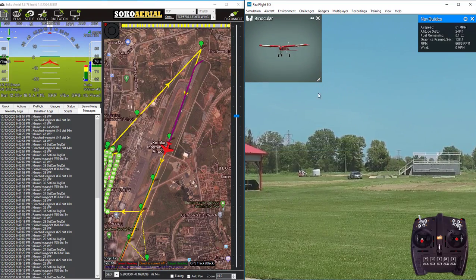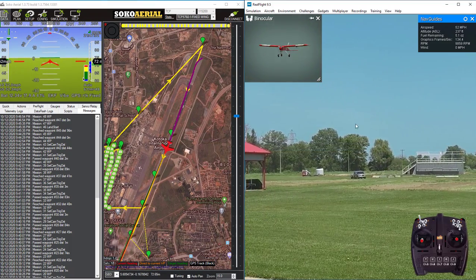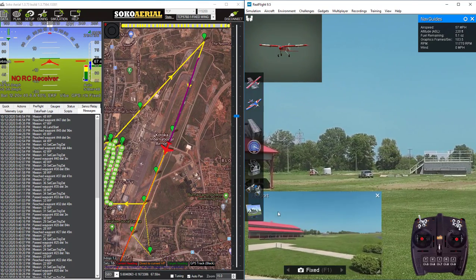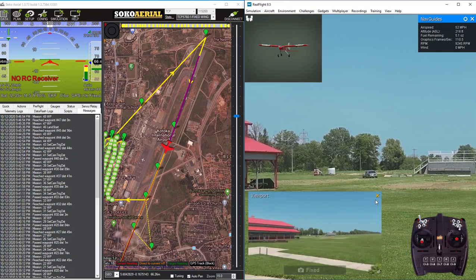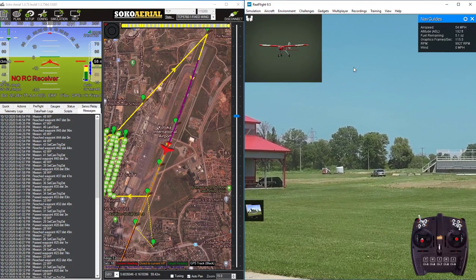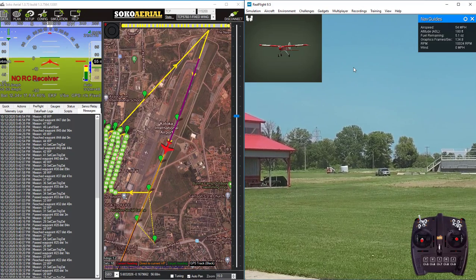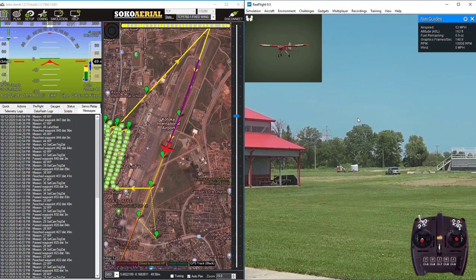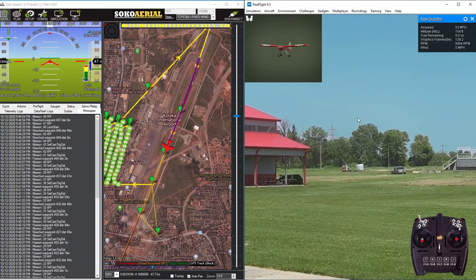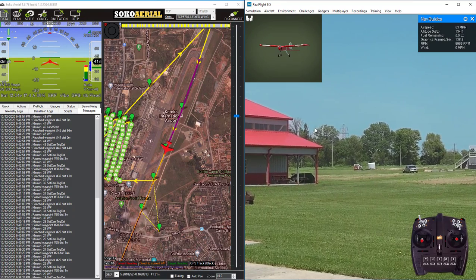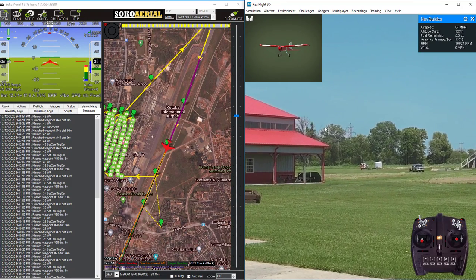So we should be expecting it anytime soon, coming in, flying over quickly. Yes, should see it. 42 meters away.